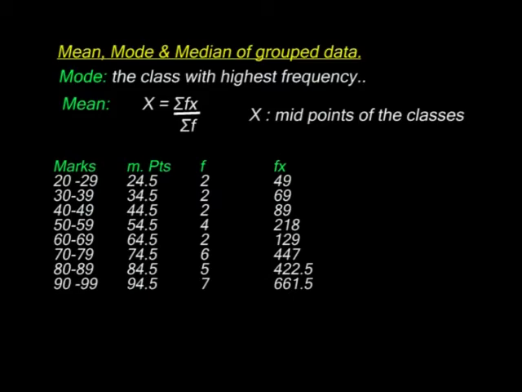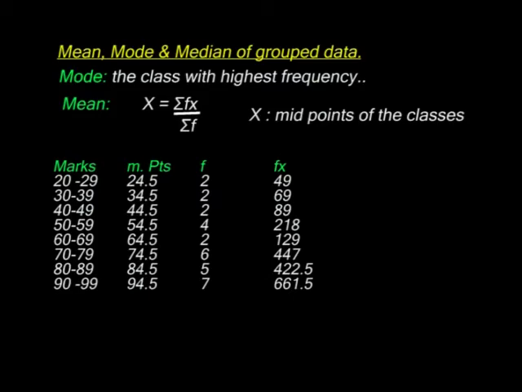We add the class limits and divide by 2, we get the midpoints, which will be our x in this case, the individual items. So we have from 24.5, 34.5, all the way up to 94.5. The number of students with those marks, we have them as the frequency f. We have 2, 2, 2, all the way to 7.